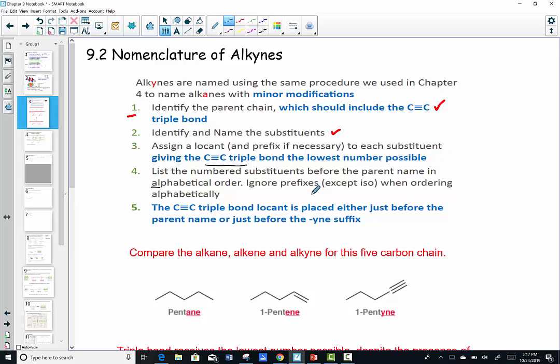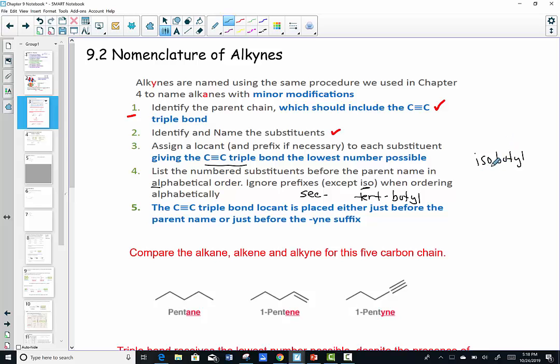We ignore prefixes such as sec-butyl. We would ignore anything other than iso. Like if we had a tert-butyl, we'd ignore the tert and go with butyl. And I remember learning that iso, let's take an example, isobutyl.